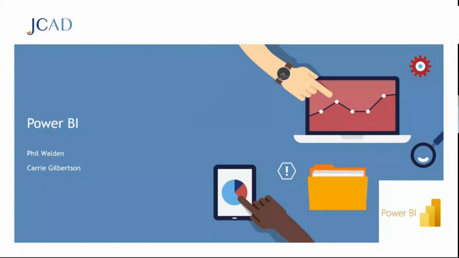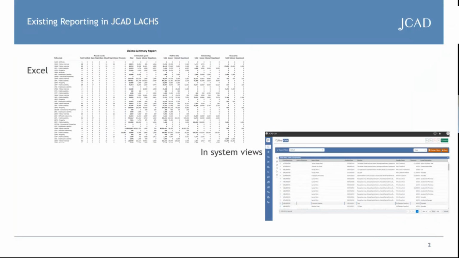Okay, so let's quickly run through these slides. There are already a number of different mechanisms by which you can produce reports in the LACS system, which many of your users will be used to using.